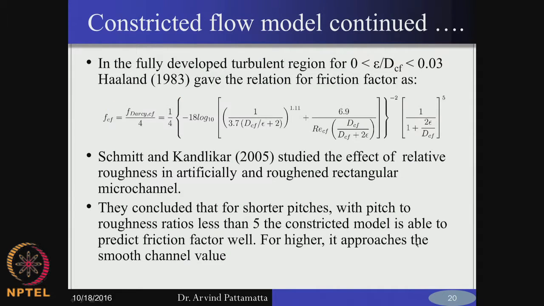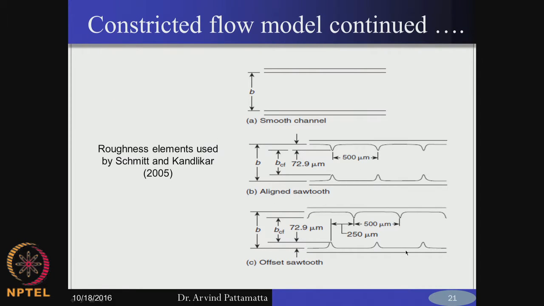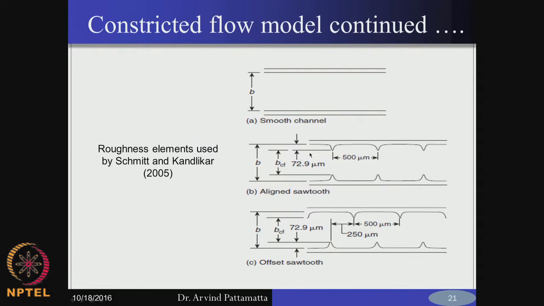And it again depends on the extent of roughness, for example, in this case you are talking about roughness height which is 72 micron, which is considerably very large. Okay, if your actual channel diameter is 200 microns and your constriction diameter now will be substantially small, right. So, therefore, this might make a big difference in the friction factor. So, it depends purely on the amount of surface roughness.